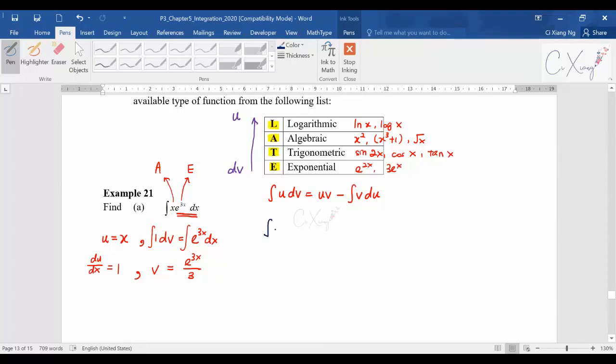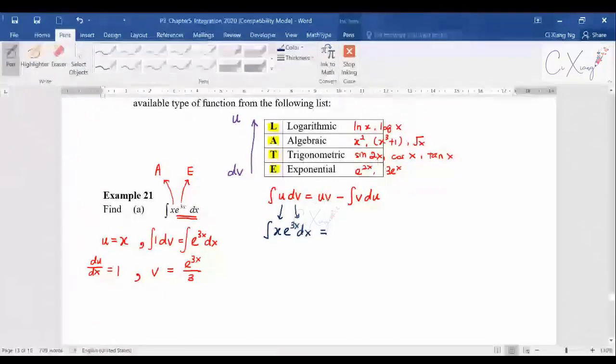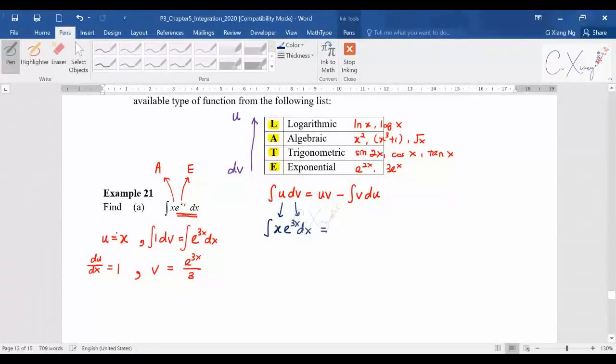So you copy the question first. You're having the integral of x e^(3x) dx. Okay, so this is your integration for u dv. Equals to what? Equals to u multiplied with v. So what is your u?